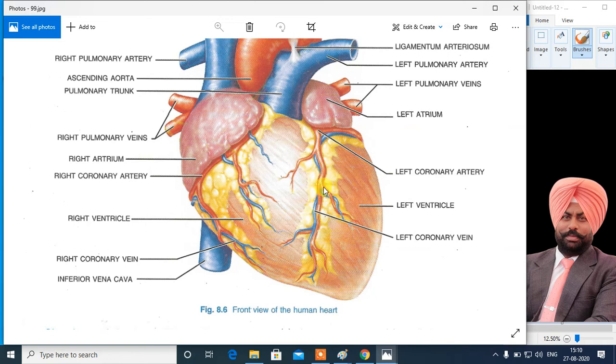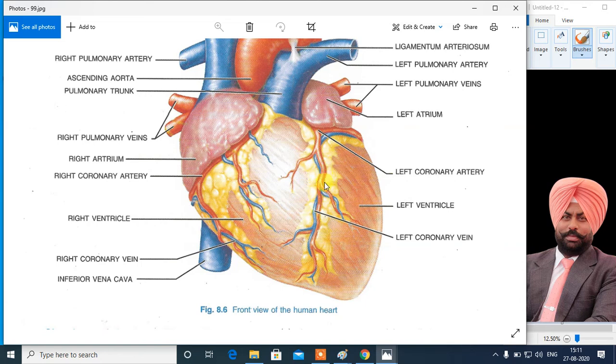If there is a blockage in the coronary artery of this part, then the part of the heart muscles which is surrounding this coronary artery will be dead, and that muscle of the heart will not properly function.